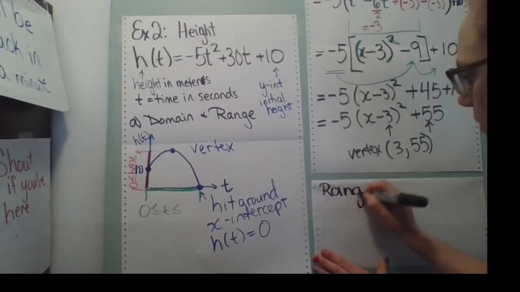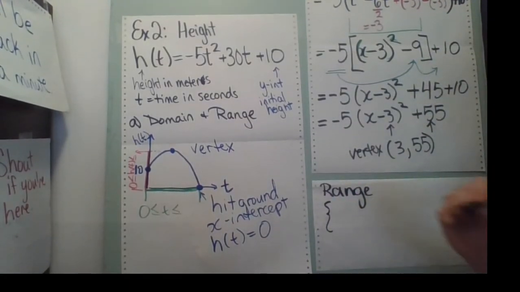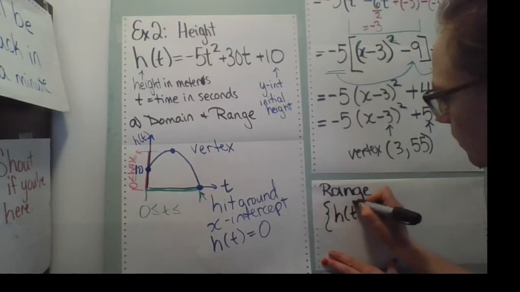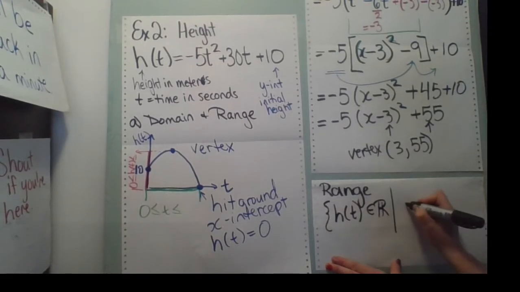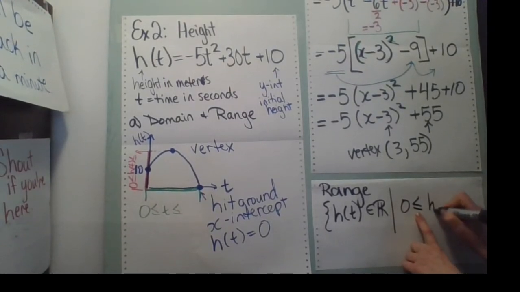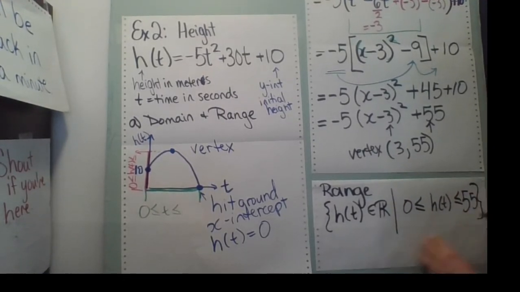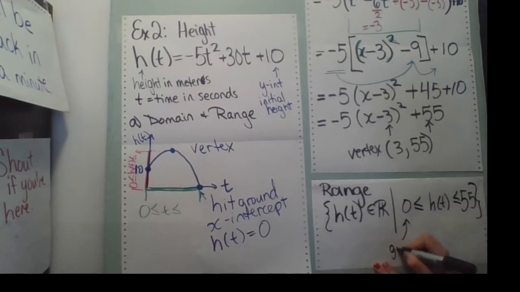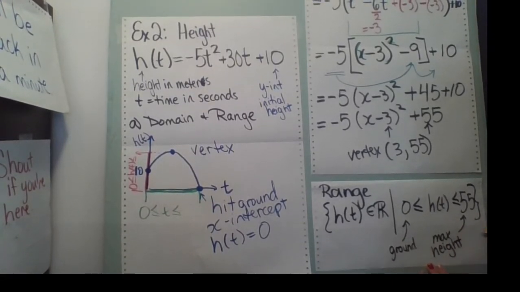Our range is the set of values such that h at t, right, because we got to stick with our function notation here, is any real number such that 0, because that's our minimum, is less than or equal to h at t less than or equal to our maximum, which we just found. Okay, so it goes between ground and my max height.